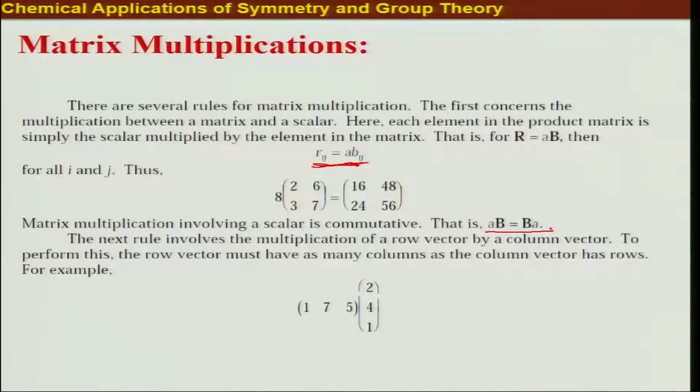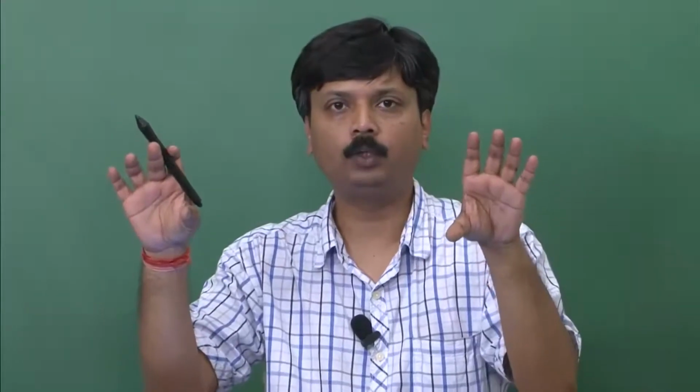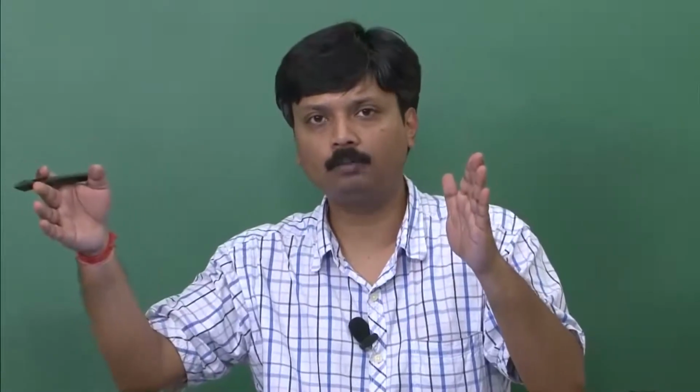If I take any row vector, it's just a row, that is called a row vector. You have one row and n number of columns, so you don't have more than one row. A column vector is where you have one column and you can have n number of rows.